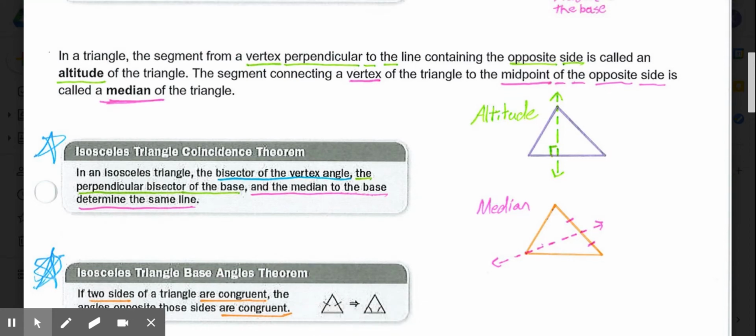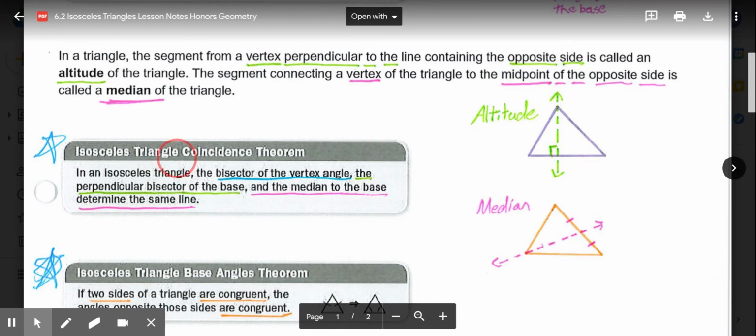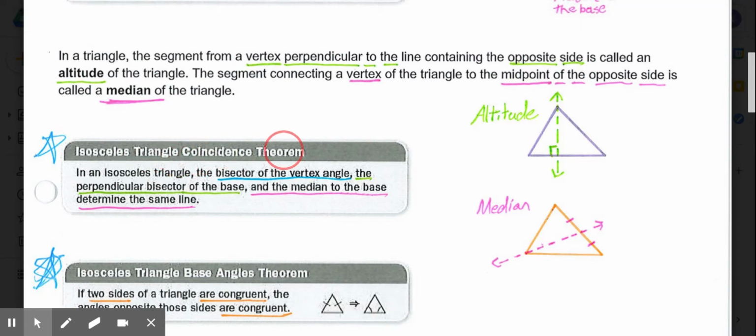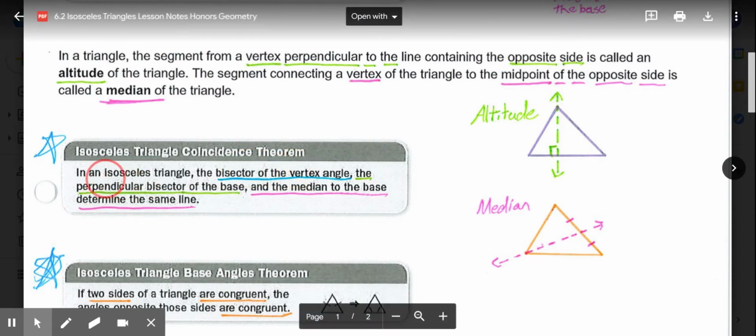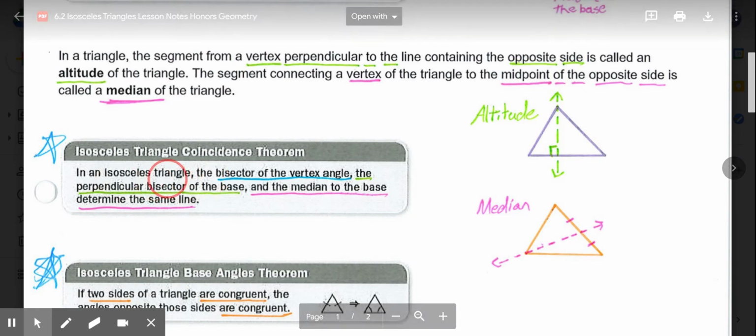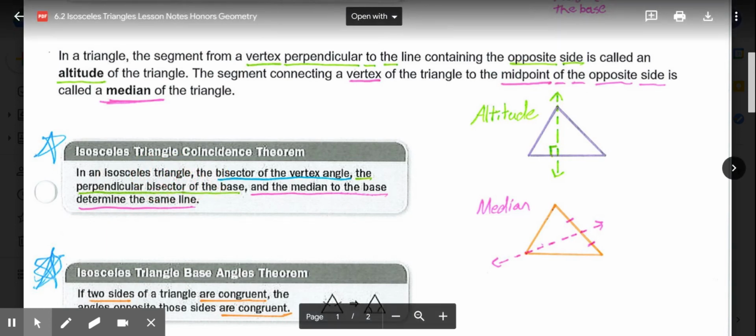In an isosceles triangle, there's a special relationship with the median and the altitude, which is right here in the isosceles triangle coincidence theorem. It states that in an isosceles triangle, the bisector of the vertex angle, the perpendicular bisector of the base, meaning the altitude, and the median to the base are all determined the same line.